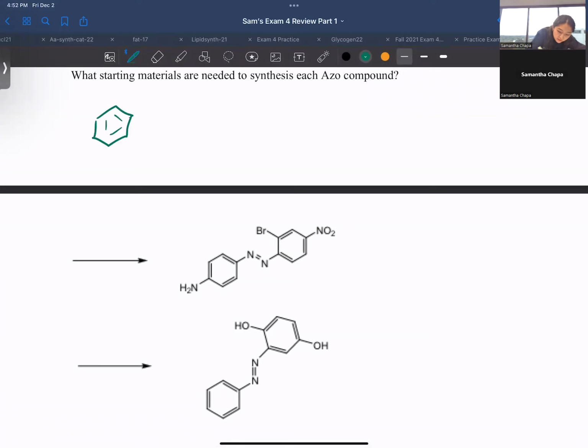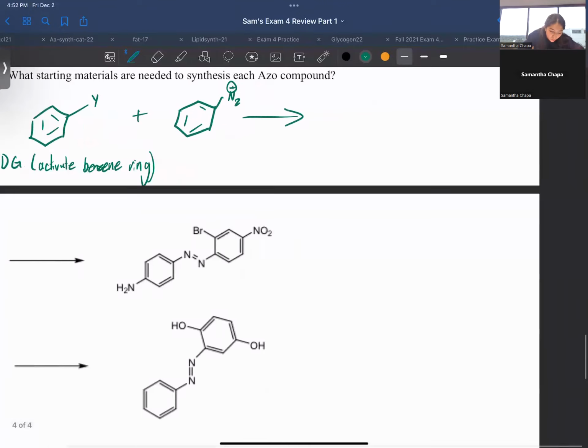I have a benzene ring with Y, and Y represents electron donating groups, which activate the benzene ring. And as usual, what we've been talking about, the diazonium salts, that's what I'm going to be reacting it with.